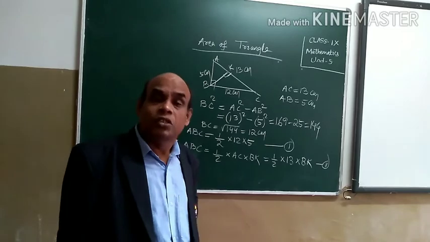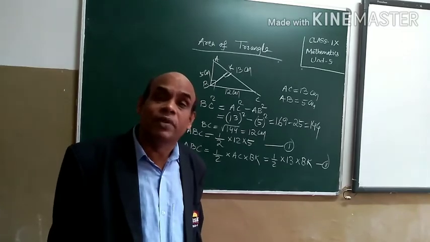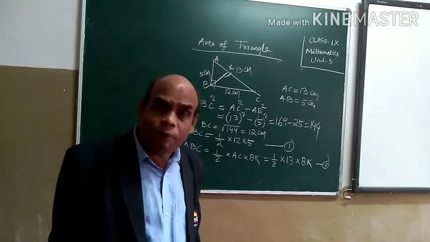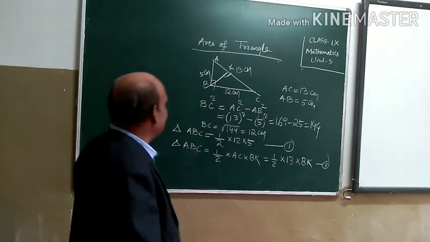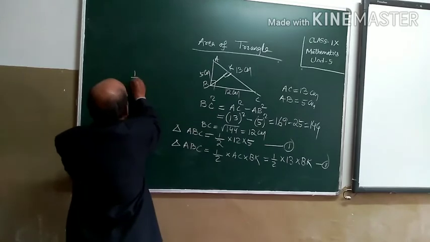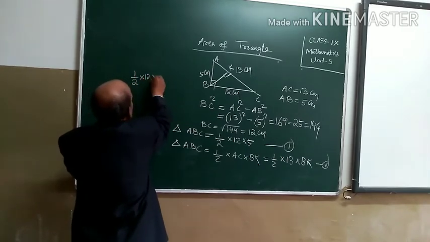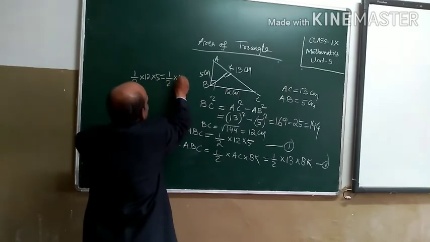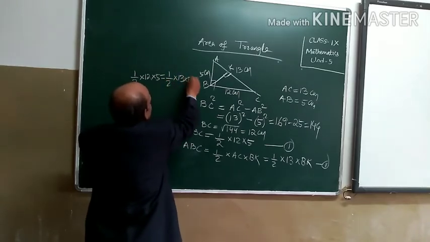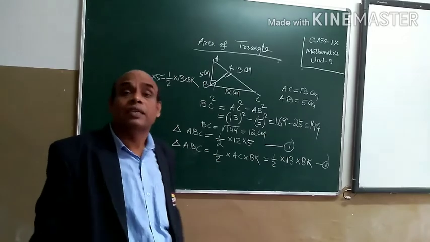Since the two equations are the same area of ABC, both equations are equal. So we can write half into 12 into 5 is equal to half into 13 into BK, because both are area.